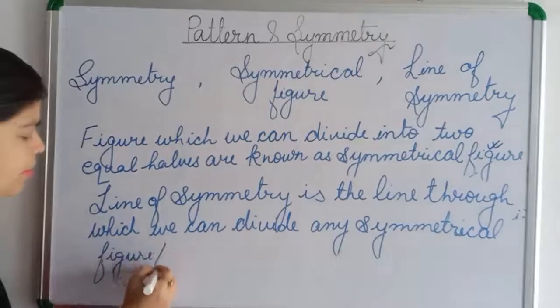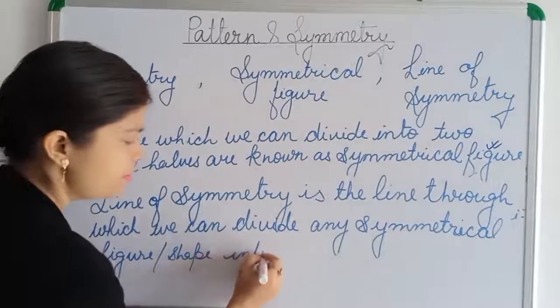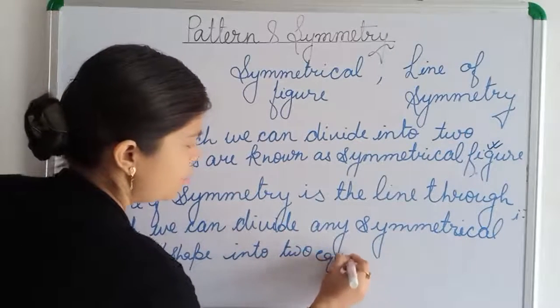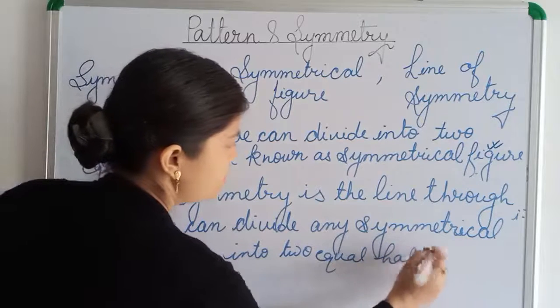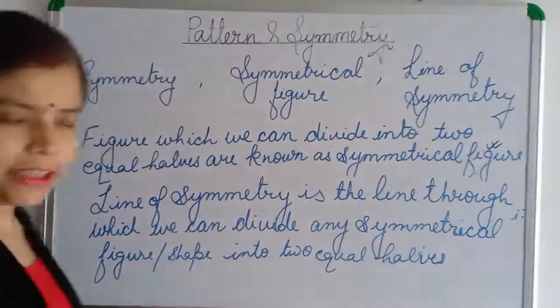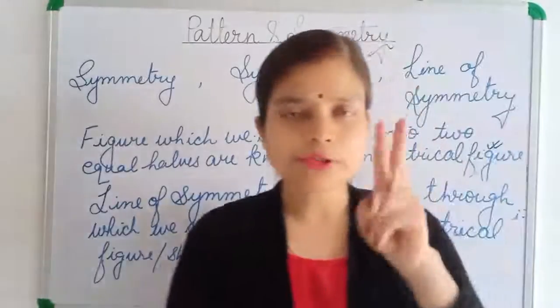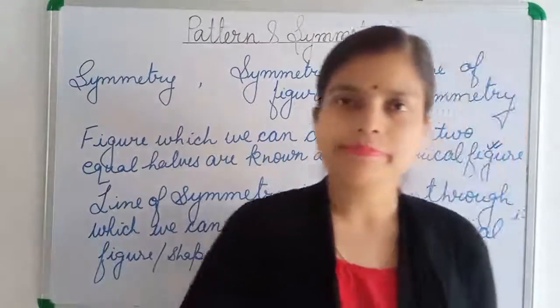So you have seen, for a square there are four lines of symmetry, for a rectangle there are only two lines of symmetry, for a circle there are infinite lines of symmetry.